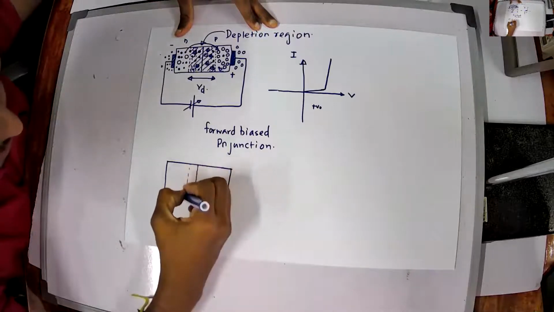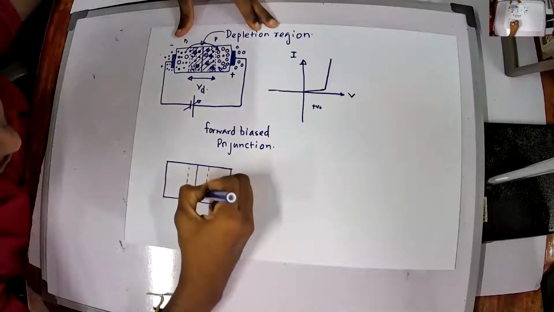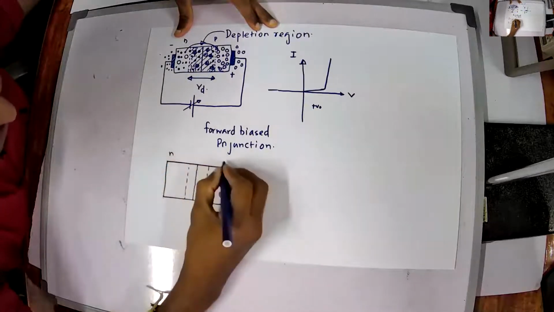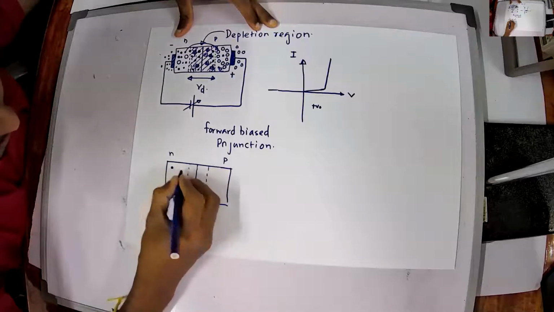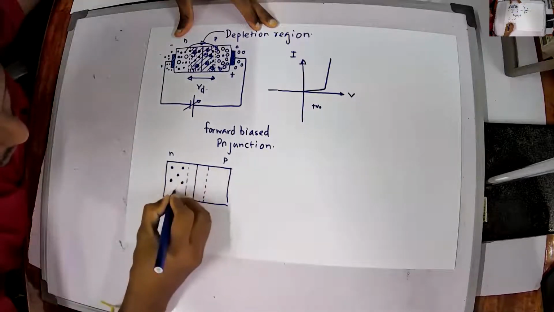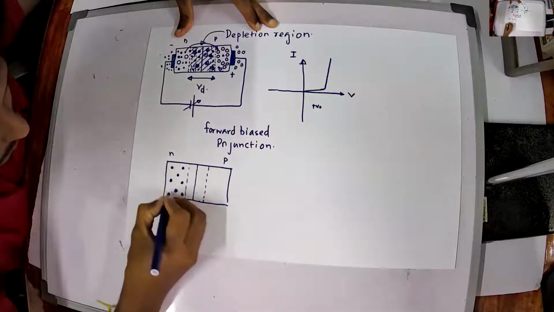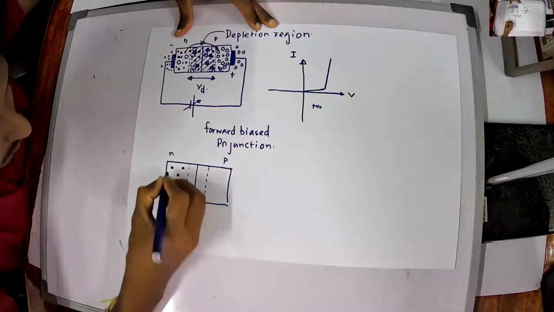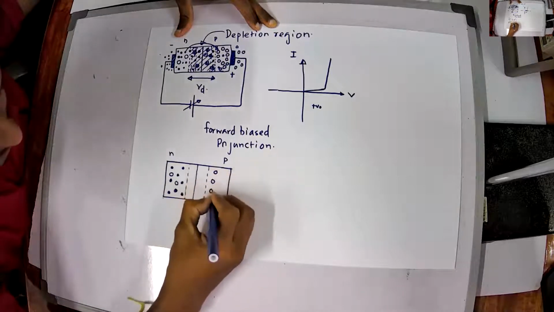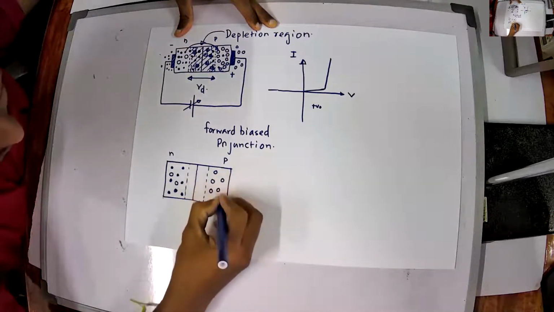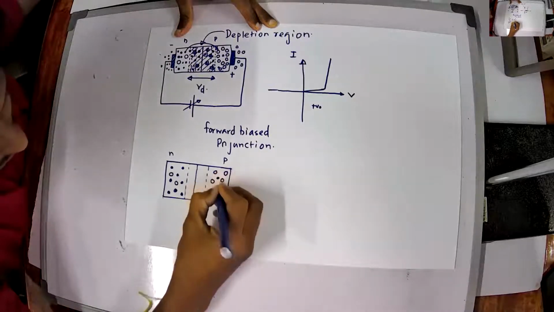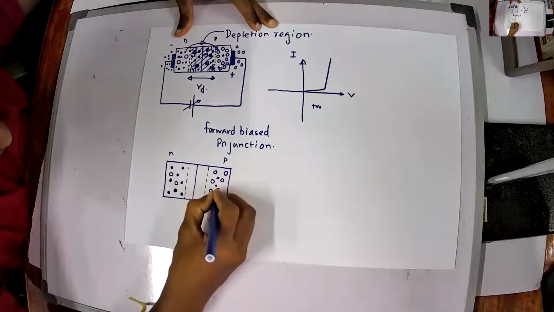So we will have a depletion region where you have no charges, and then at N type you will have more electrons and a few thermally generated holes. The other way around, at P type, you have a lot of holes and a few electrons.